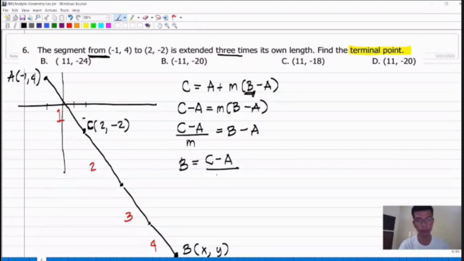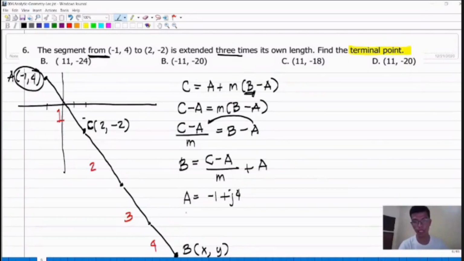So finally, solving for the point B, ilipat natin si point A. So C minus A over M plus A. So ilipat natin itong A na to. So our point A will be negative 1 plus j4. So from these coordinates. And our point C will be ito naman 2 minus j2.